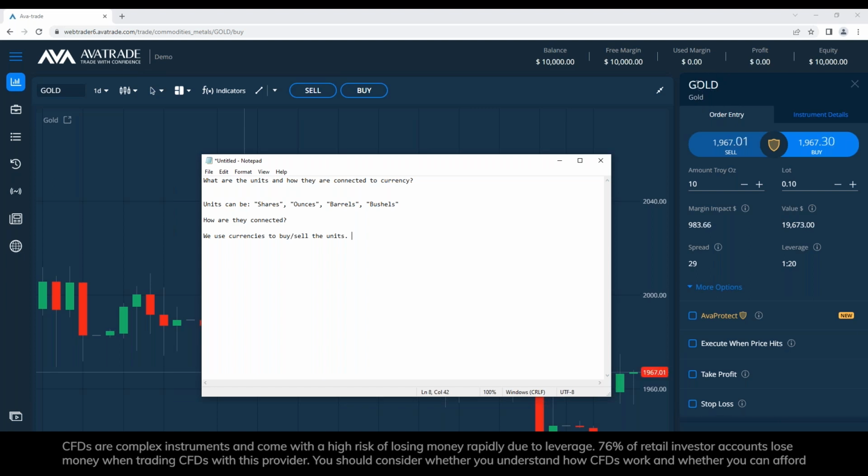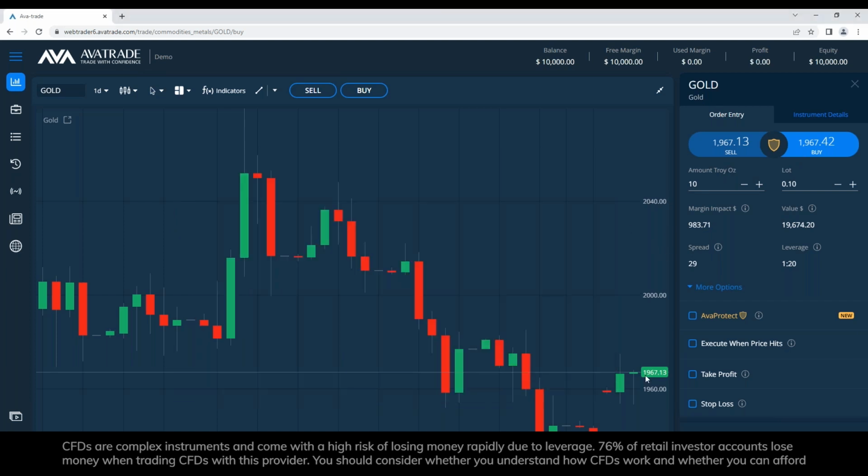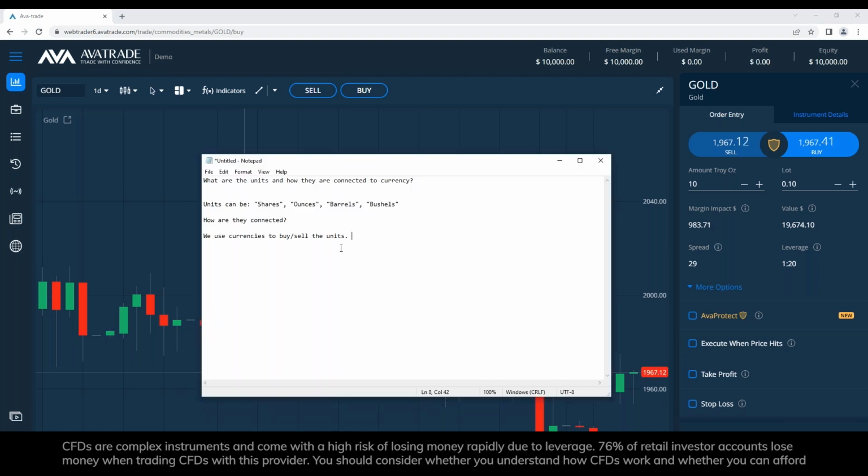What's going to happen is I'm just trading on the value that gold is measured with by dollars. Which value? 1967 per ounce, per unit. We said that units are ounces, shares, barrels, bushels.